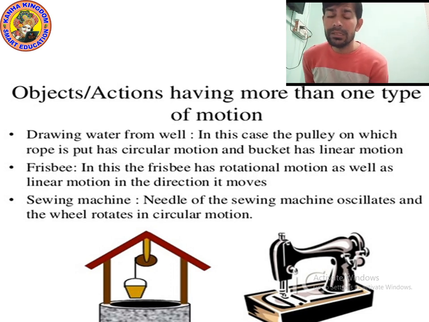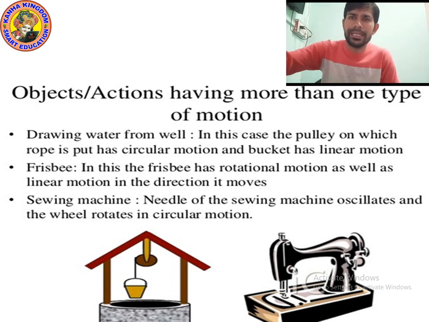Yes, because to and fro motion is known as oscillatory motion, or you can say vibratory motion, because the whole body is not moving, only the needle. I hope that you understood. And also the frisbee has rotational motion as well as linear motion in the direction it moves. Now let's see some more examples of motion.